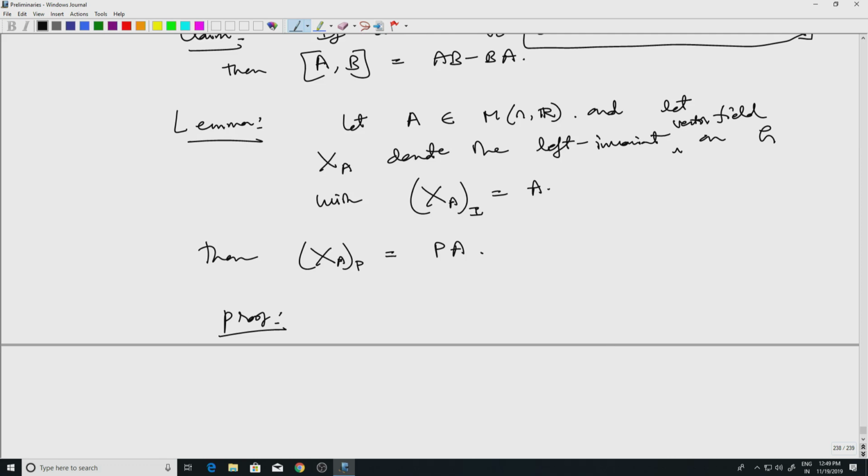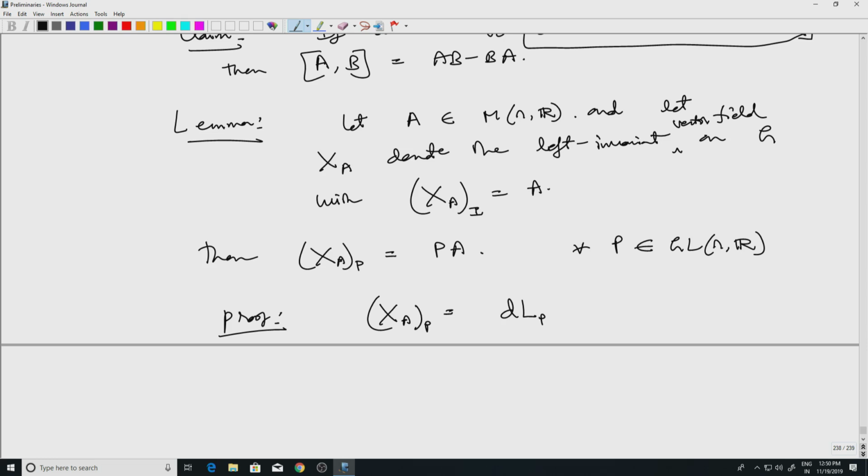By definition, X_A at P is D, the left translation by P, for all P in GL_n(R).